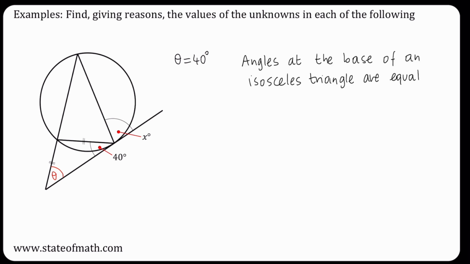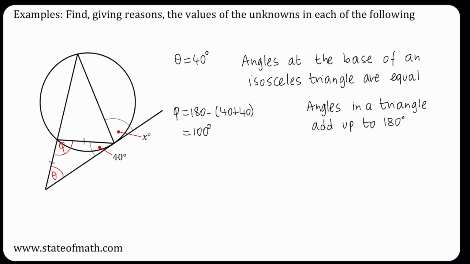We can then label the third angle in the triangle here as phi. We know that phi must be 180 minus the 40 and the 40, because angles in a triangle add up to 180 degrees. This gives a result of 100 degrees. I will just state the reason that angles in a triangle add up to 180 degrees.